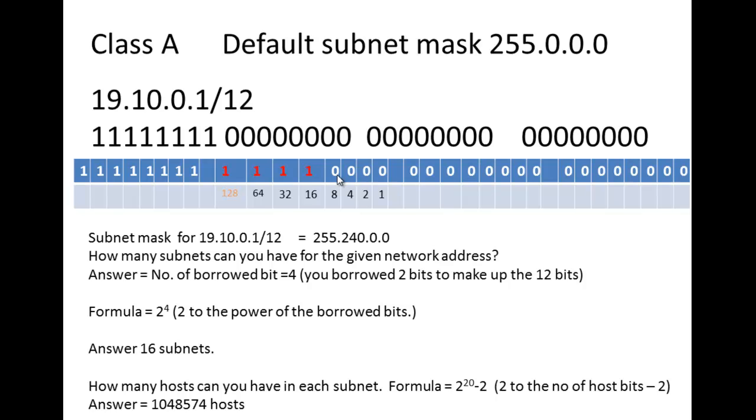Remember, we're left with 4 here. Then we have 8 here in the third octet, and then we have another 8. 8 plus 8 equals 16, plus 4 equals 20. So the number of hosts in each subnet will be 2 to the power of 20 minus 2.